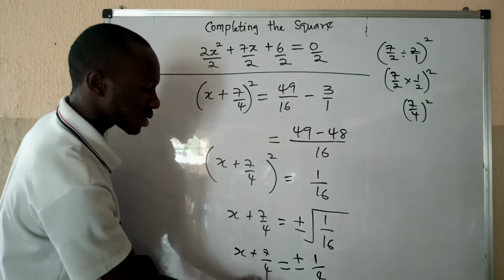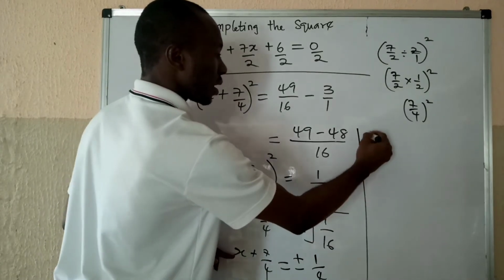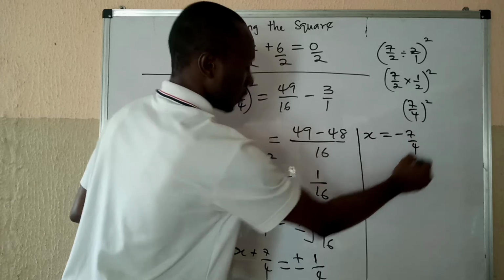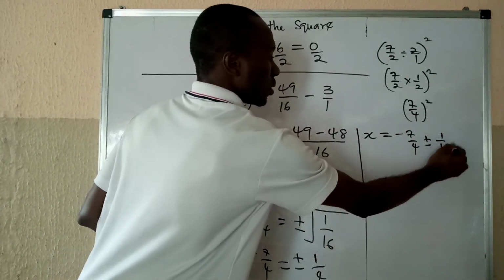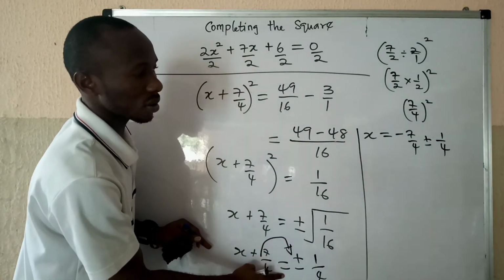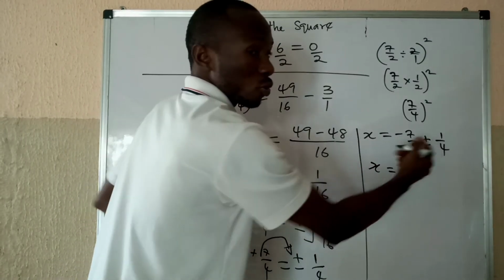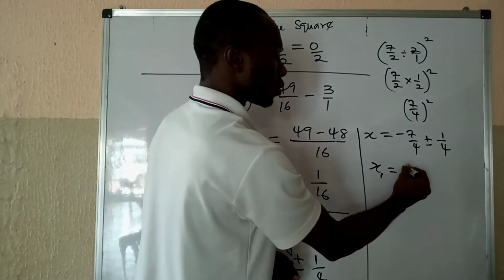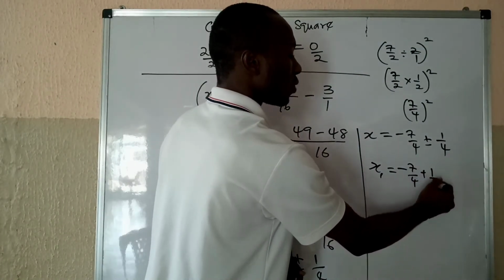So we take this term to the other side of the equation. We have x is equal to, when this goes over, it becomes minus 7 over 4, then plus or minus 1 over 4. Now we need to separate the plus and minus, so I call this one x1 is equal to minus 7 over 4 and I'll take the plus sign now, 1 over 4.